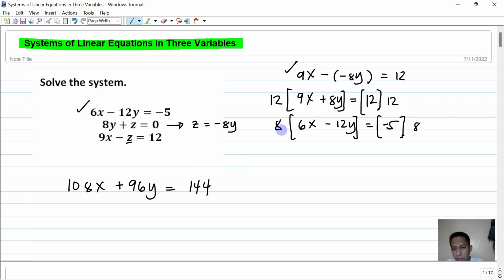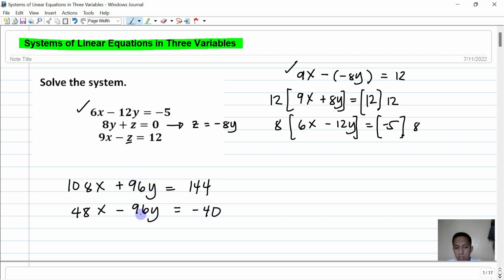For the second equation, that is 8 times 6, that is 48x. And we have 8 times negative 12, that is negative 96y, equals negative 5 times 8, that is negative 40.